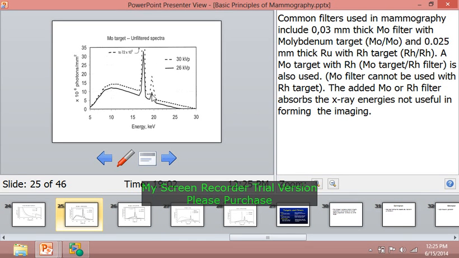This is the unfiltered one, and there is the maximum amount of continuous radiation, which we do not desire, which we do not need. At the left side of the characteristic curve, it only increases the patient dose, that is the radiation dose to the exposure, and the characteristic peak is what we actually desire for imaging.